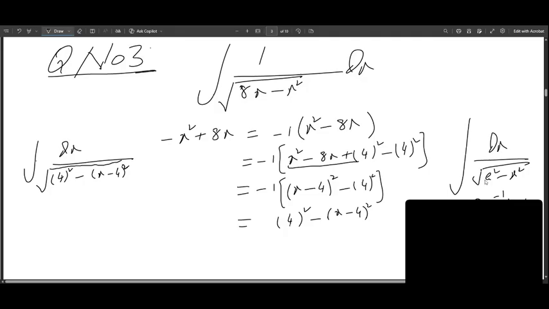So you can see we have a constant square minus a variable square, which can turn into sine inverse x minus 4 over 4 plus c, which is a constant of integration, folks.